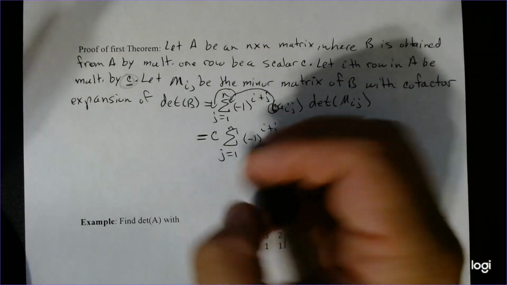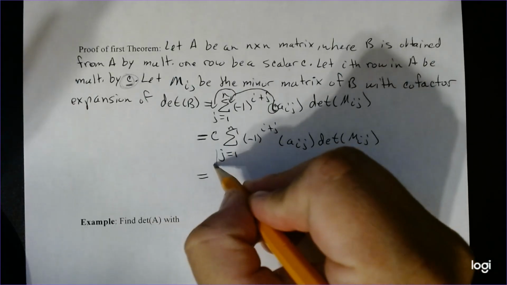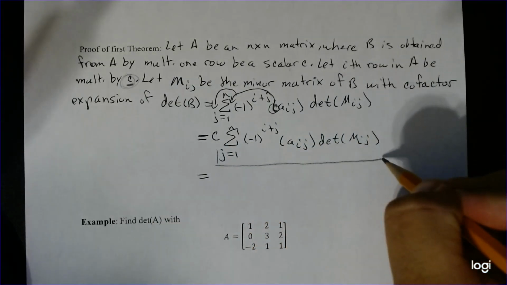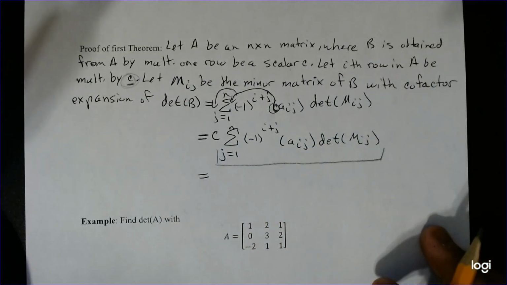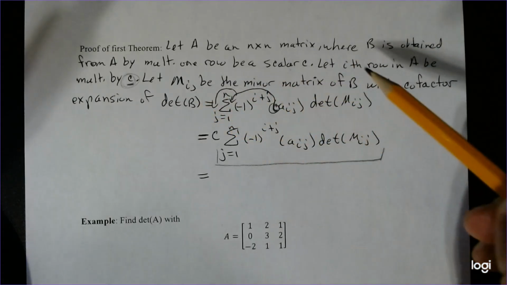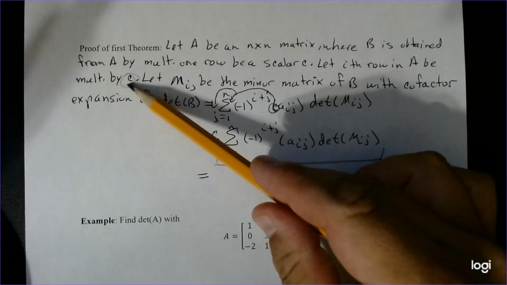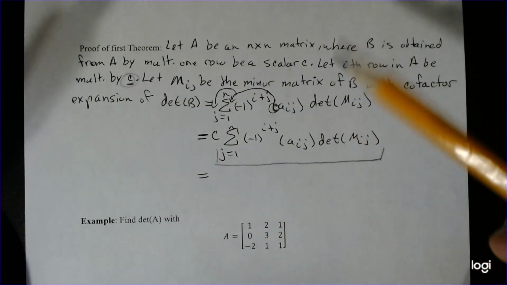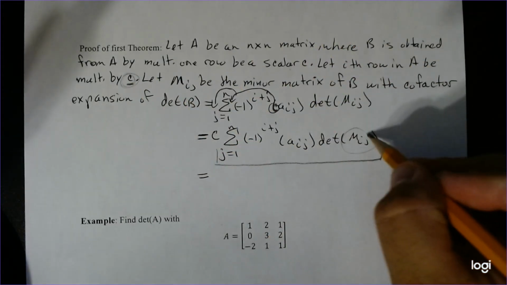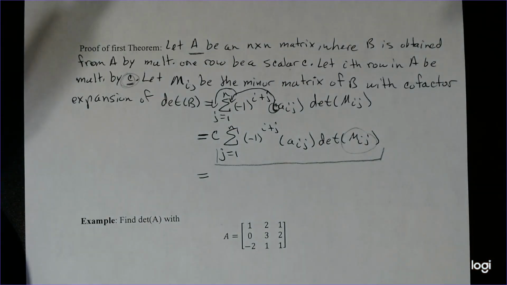Well, what does this mean? So, again, let's go back. So this was a minor matrix of B, right? However, if I just take that value out, therefore this actually is a minor matrix of the original A, meaning nothing's really changed, right?